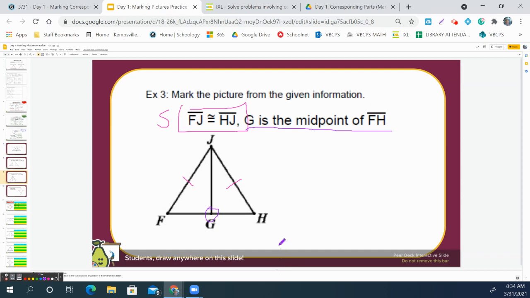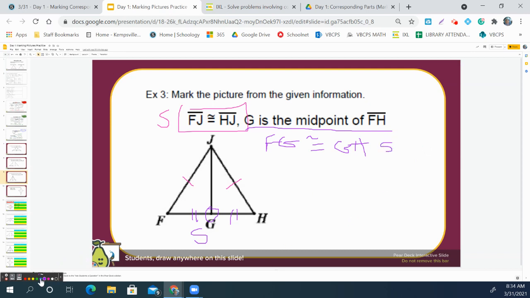What's congruent? FG and GH. If G is the midpoint, then the left side and the right side are congruent. So FG is congruent to GH. Okay? And that's also a side.